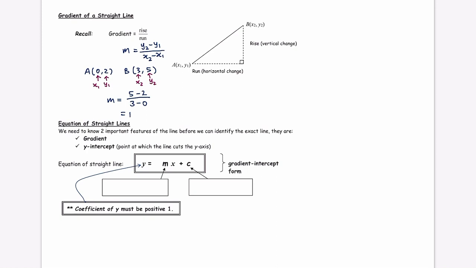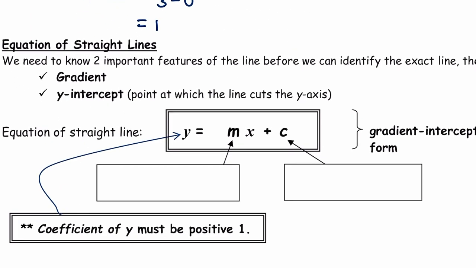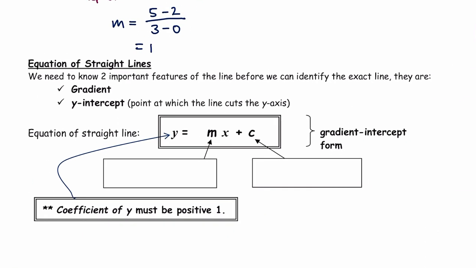Clearly, the general form of the equation of a straight line, which is given over here, and I think some secondary 1 teachers will even have introduced this, is y equals mx plus c. Okay, and this is essentially called the gradient-intercept form, whereby the coefficient of x is actually the gradient, right?